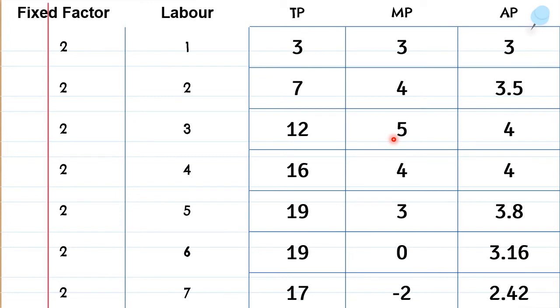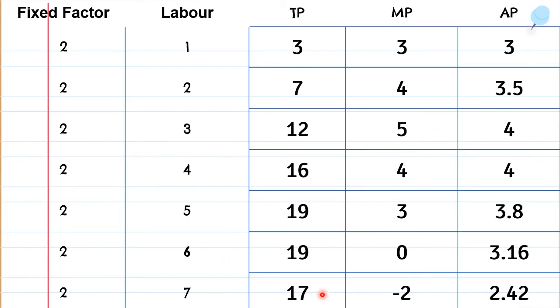So who fell first? Did the total product fall first or the marginal product? Yes, it is the marginal product that falls first from 5 to 4. And then later on, at the sixth unit of the variable factor, we see that the total product falls from 19 to 17 when the seventh unit of the variable factor is employed.